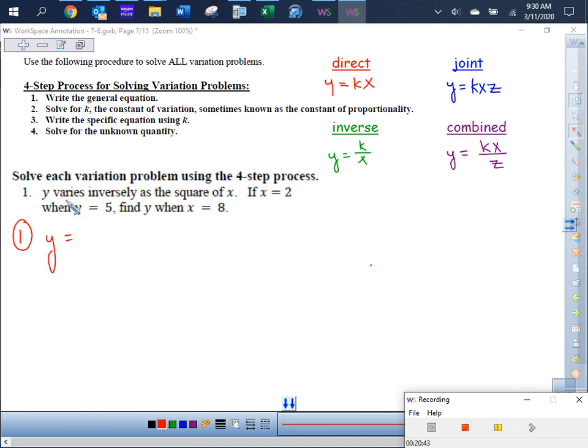Okay, so let's see. Which one of these is correct? Oops. Didn't even want to make that a choice. The red one or the blue one? Which one of those do you feel is correct? If y varies inversely as the square of x, red one or blue one?